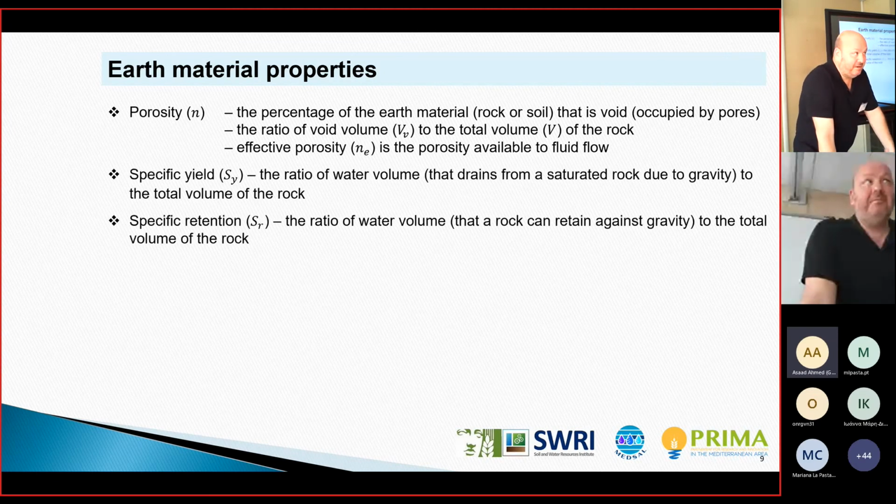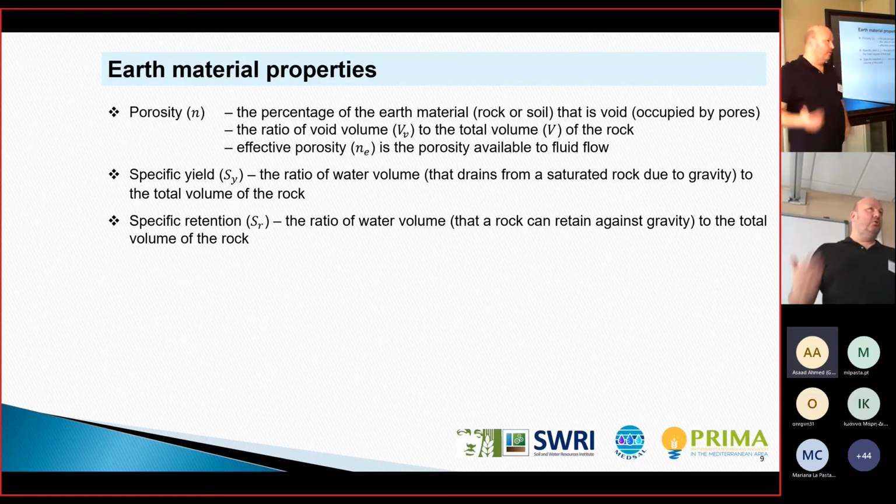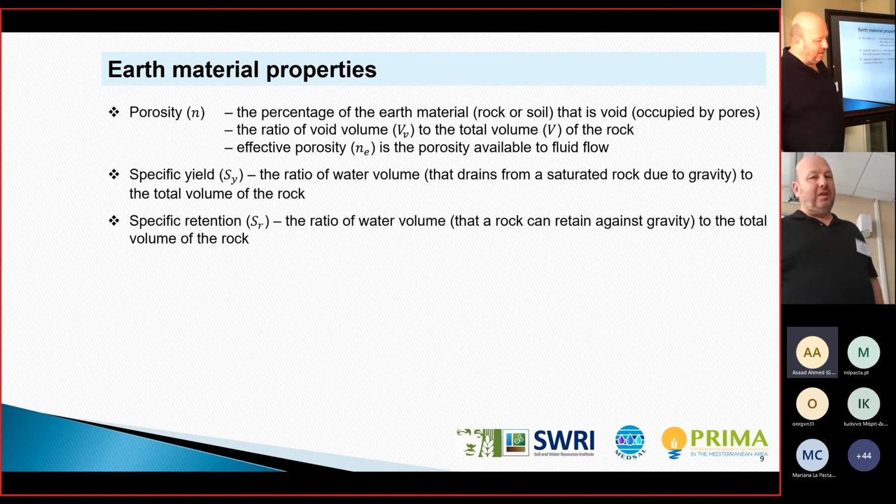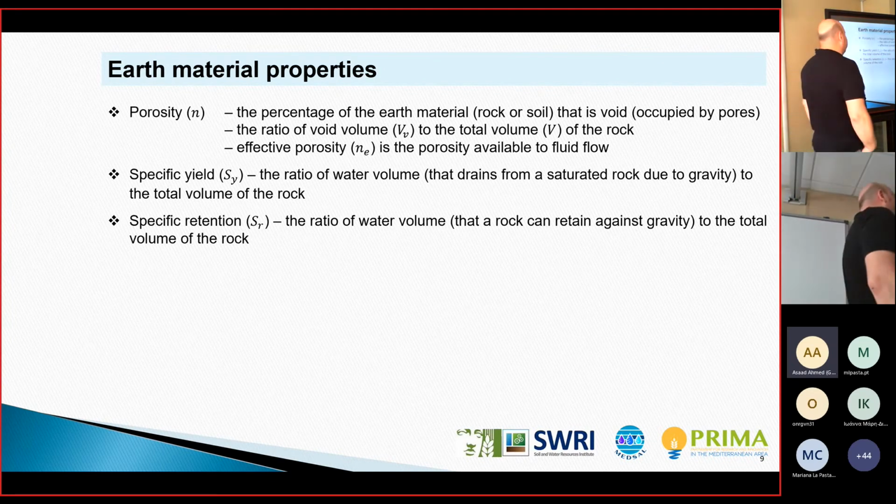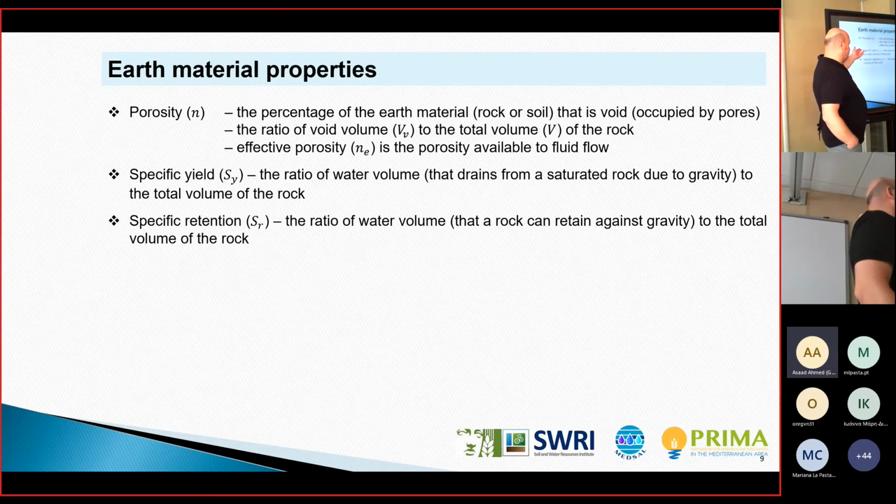Specific yield is another very important parameter for a rock or a soil. It is defined as the ratio of the water volume that drains from a saturated rock or a soil due to gravity to the total volume of the rock. The specific retention is a supplementary property of specific yield.